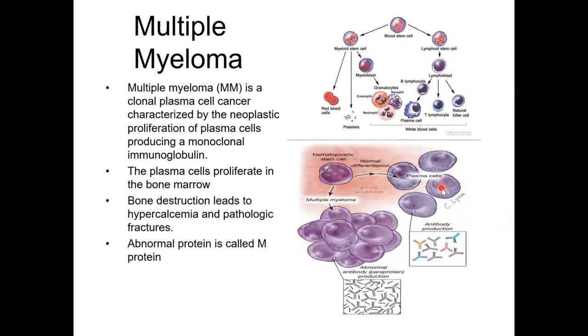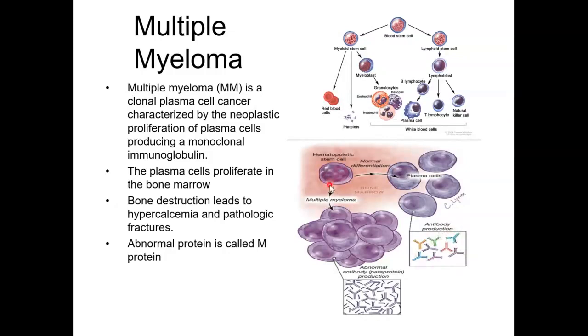Differentiation, it turns into plasma cells. Plasma cells produce immunoglobulins, which are antibodies to fight infection, and they are shaped like a Y. And you know these immunoglobulins as IgG, IgA. So it's the IgG and the IgA that becomes affected.